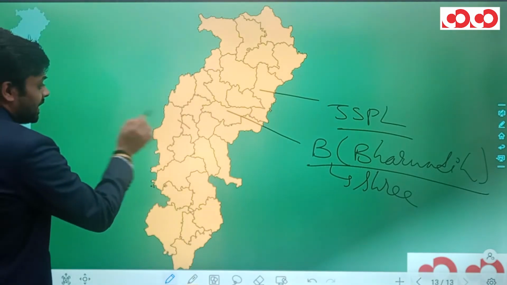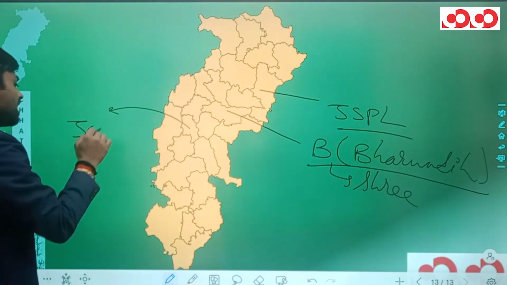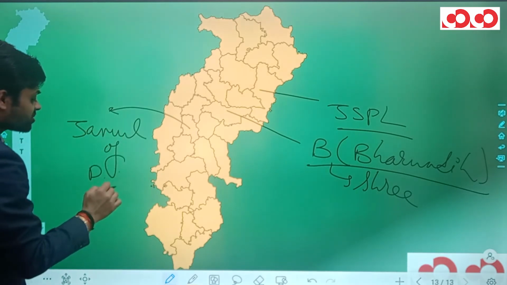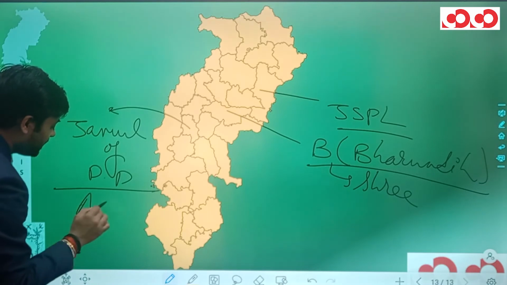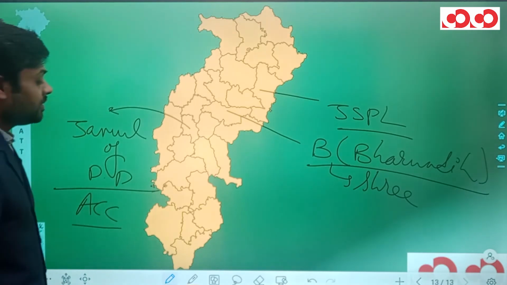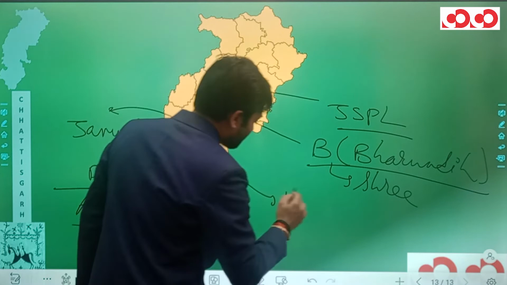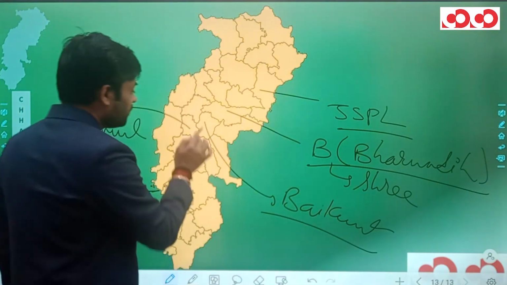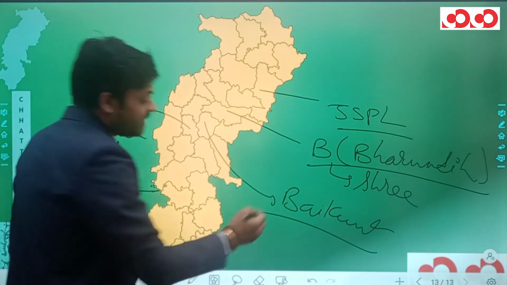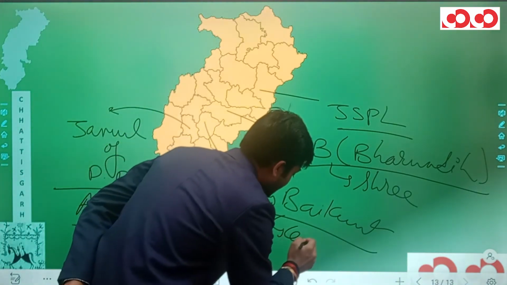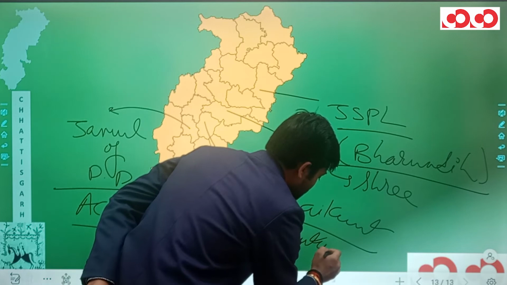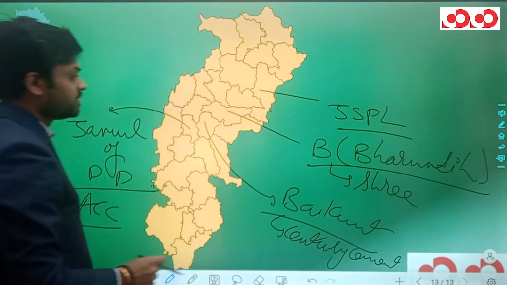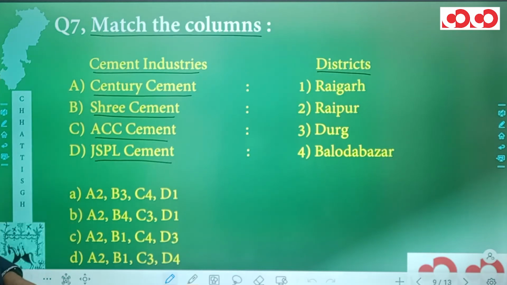Now, in Jamul of Durg district, we have ACC Cement. And in Baikunt of the Raipur district, we have Century Cement.